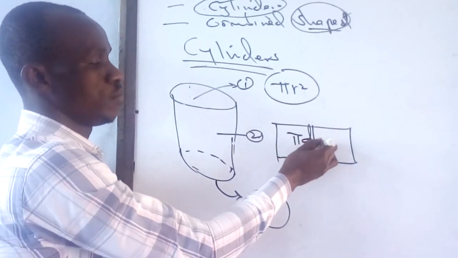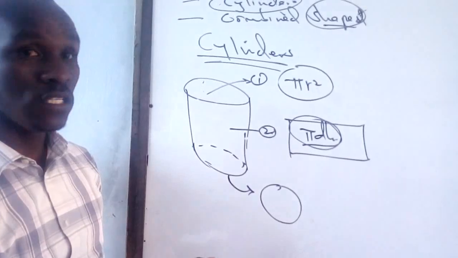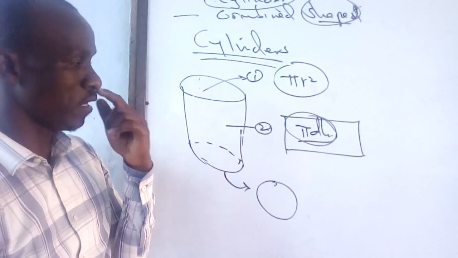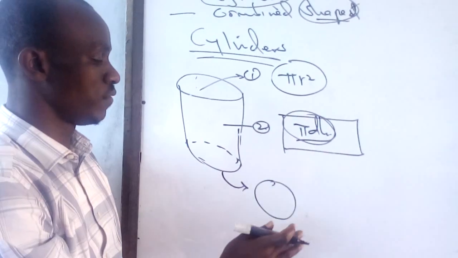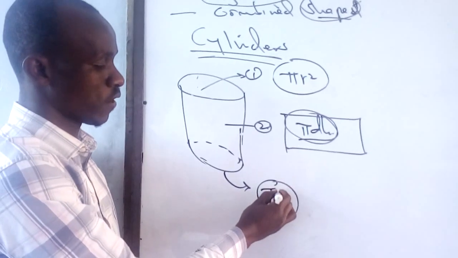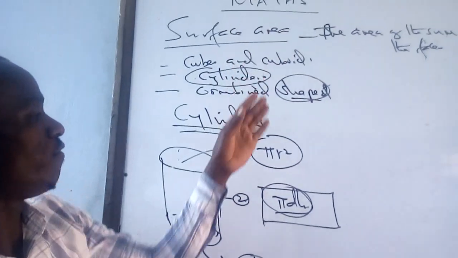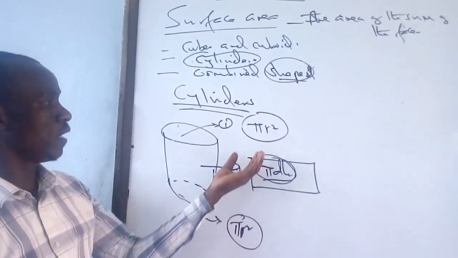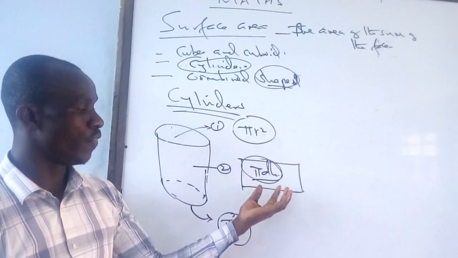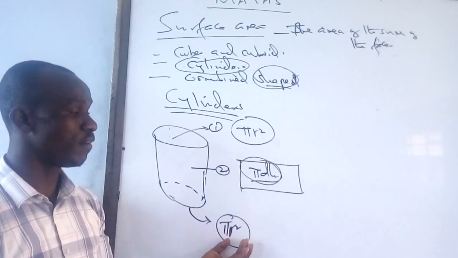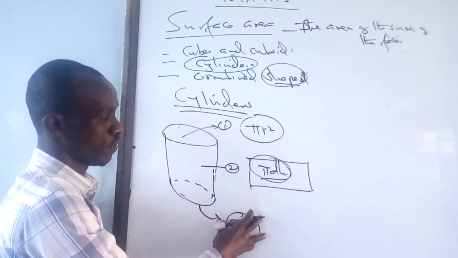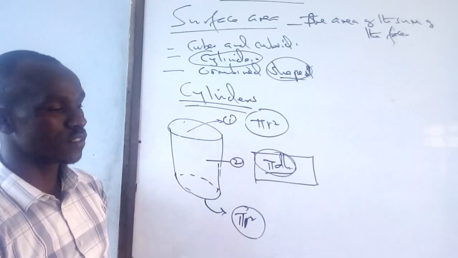So we simply say it is pi dh, as we discussed in class 7. The area of the curved surface. Then we have now another circle. So simply we say the surface area of a cylinder will be the area of a circle, the area of the curved surface, and the area of a circle. So having two areas of circles and then the curved surface.